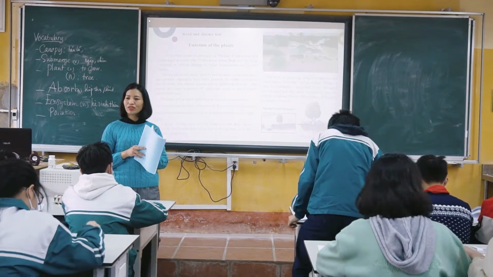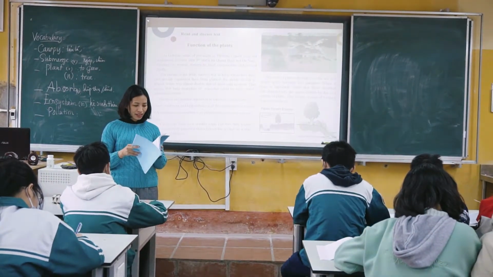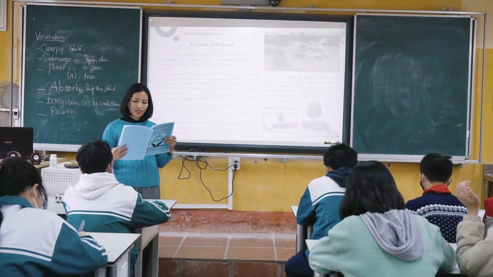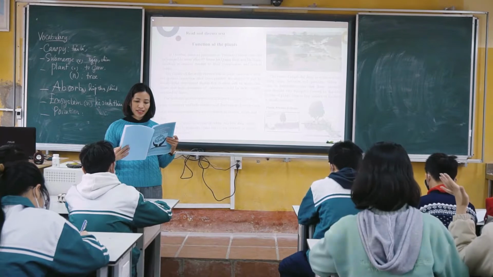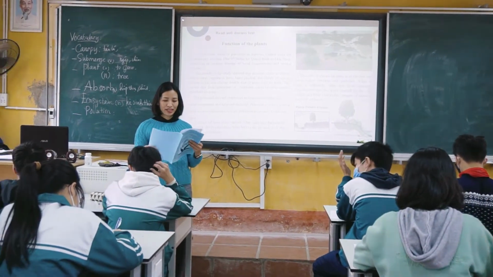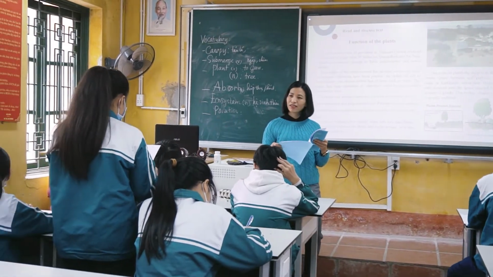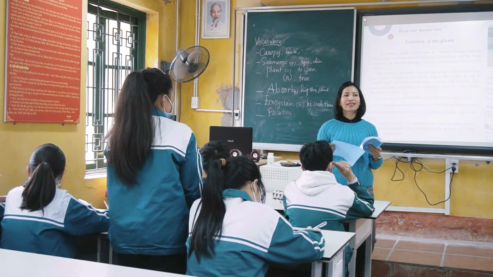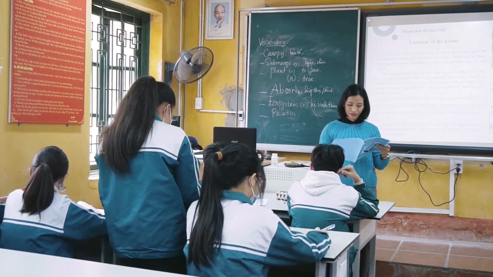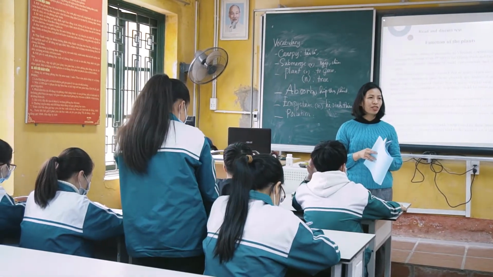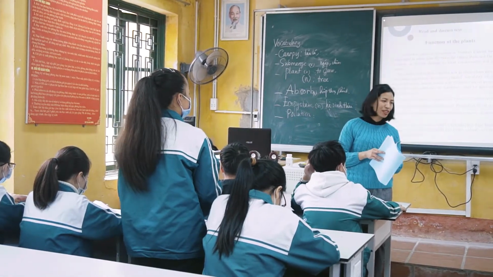Yes, thank you. It's right. And the last question, question 4: What is created by the root system of plants? The space between soil particles. Yes, thank you. Sit down, please.